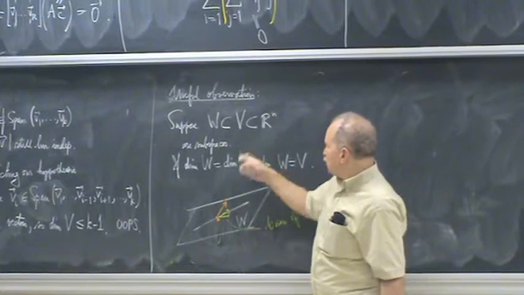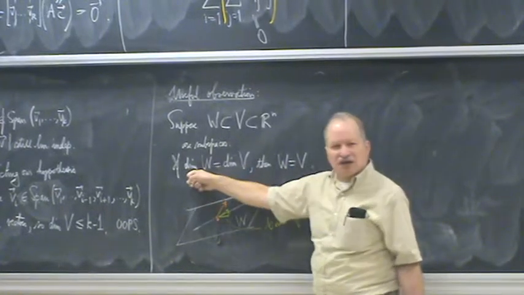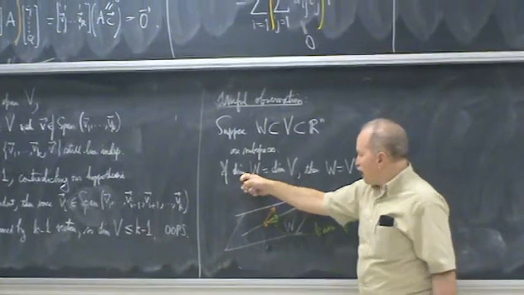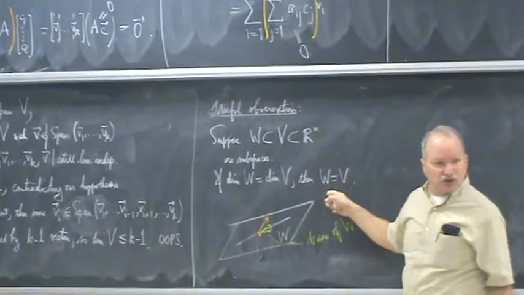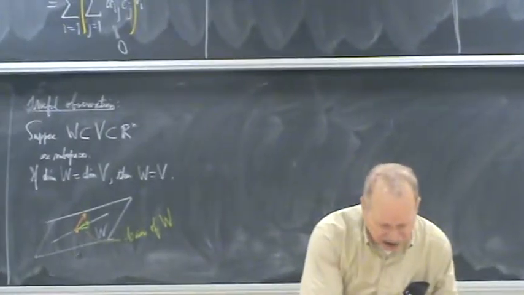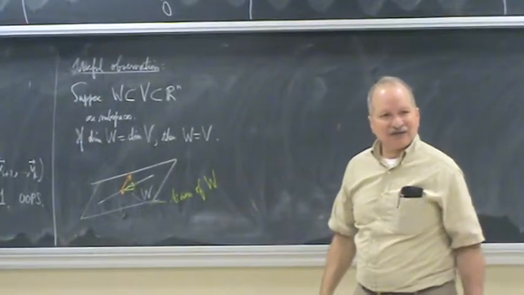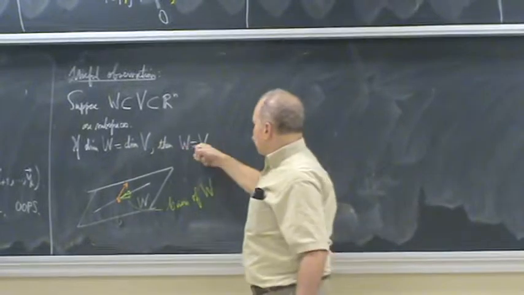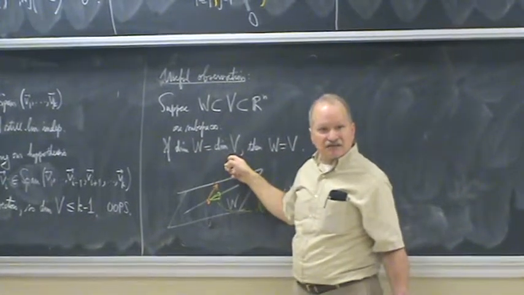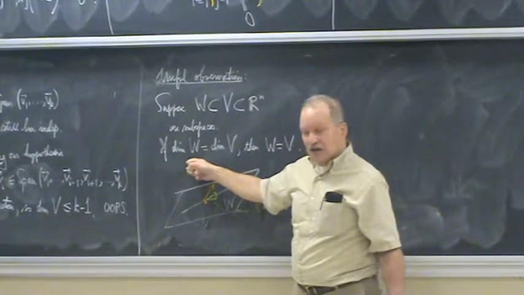What would that say about the dimension of V compared to the dimension of W? It would be bigger. So the only way it can be equal is for W to already fill up all of V. So that was again a proof by contrapositive. I said, if W were a proper subset of V, then the dimension of W would be strictly less. That's the contrapositive of this.